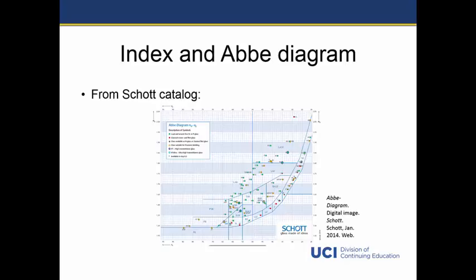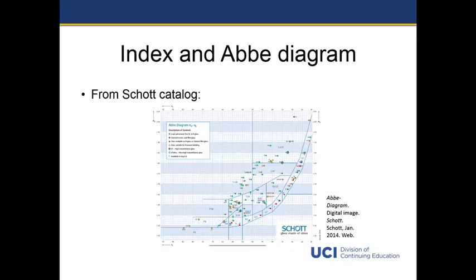Everything over here is a flint material. Notice the Abbe number is decreasing as we go to the right. And most of the materials to the left of this demarcation are crown materials indicated with the K, with the exception of the materials right in here.